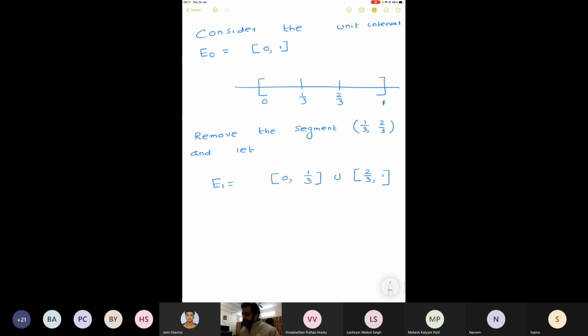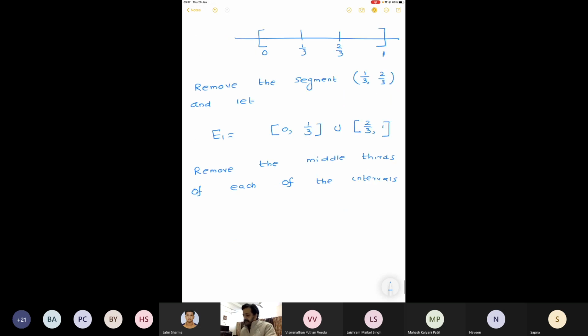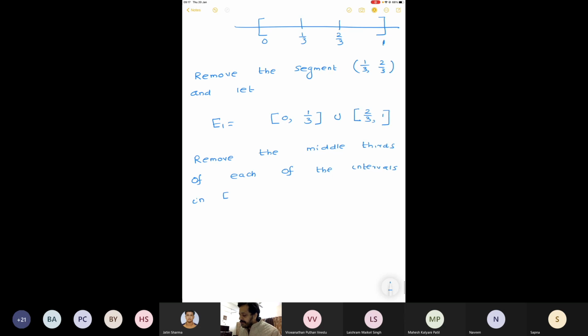Now do this: remove the middle thirds of each of the intervals in E1. E1 contains 2 intervals. In each of them, remove the middle third.